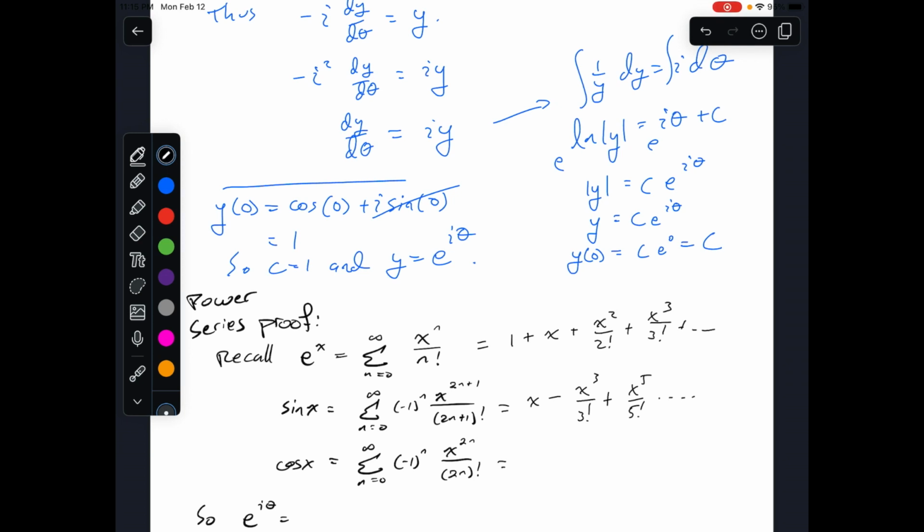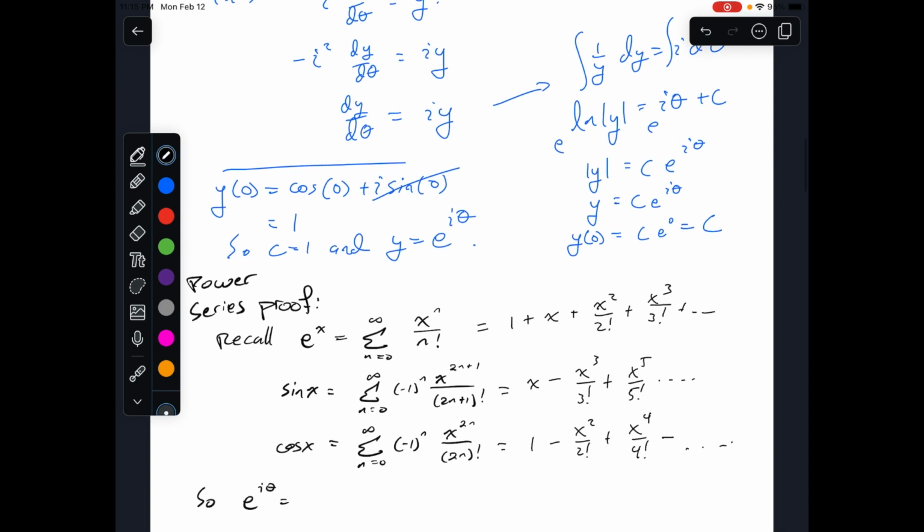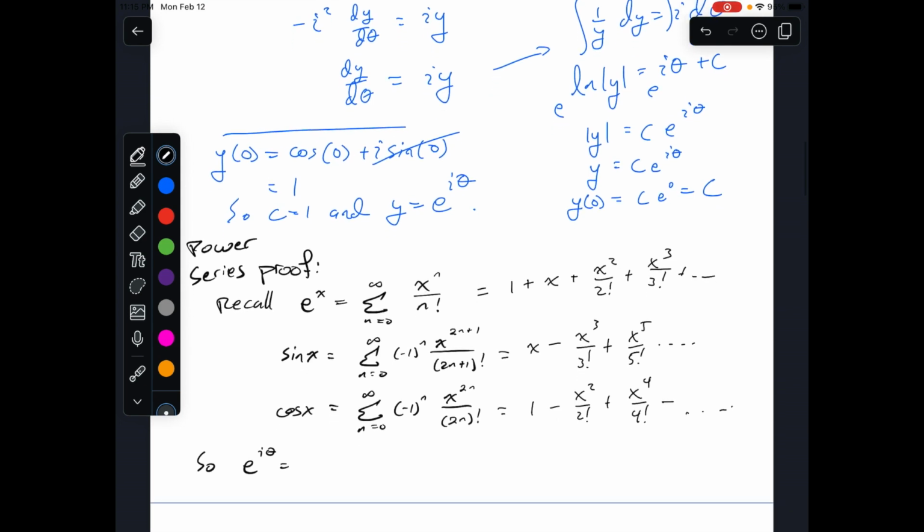And then cosine would look like 1 minus x squared over 2 factorial plus x to the 4th over 4 factorial minus, and so on. All right, so based off of this, what is e to the i theta equal to?